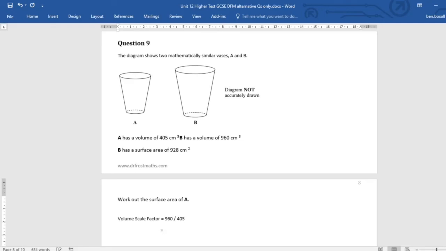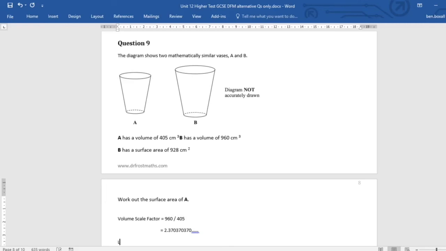960 divided by 405. I get 2.370 dot dot dot, a load of recurring stuff. Now I've got to do something with area. What this question is testing is that you understand that the area scale factor is the square of the length scale factor, and the volume scale factor is the cube of the length scale factor.